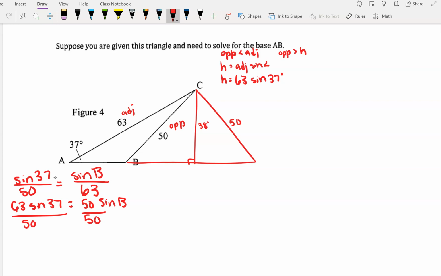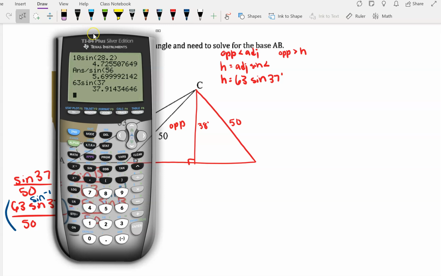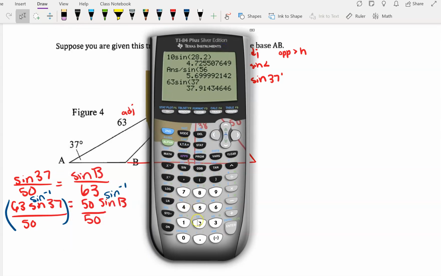And then do inverse sine to get rid of the sine in front of B. I'm going to type into my calculator. I'm going to do the 63 sine 37 over 50 first, divided by 50, and then do inverse sine of that.